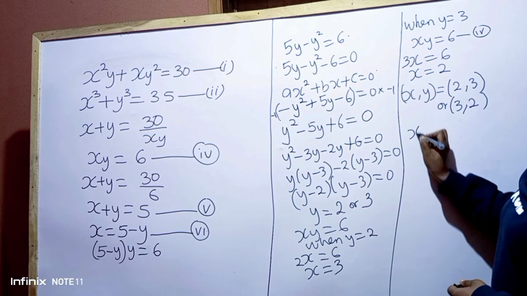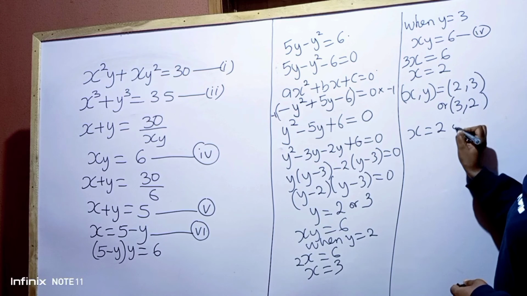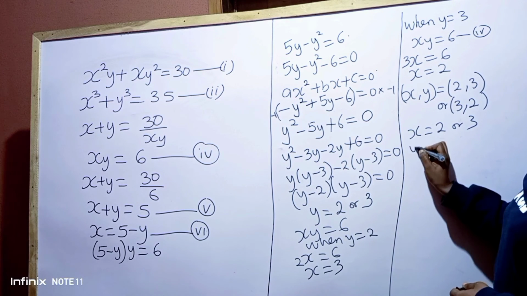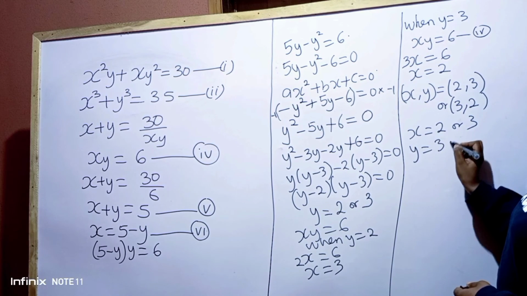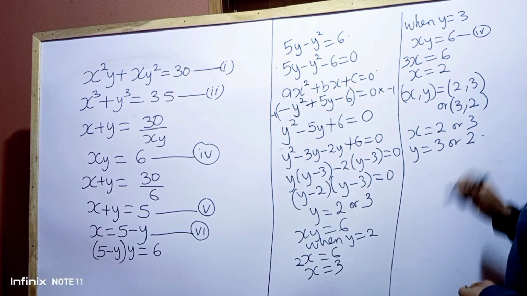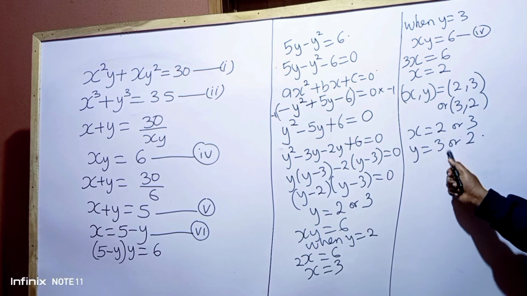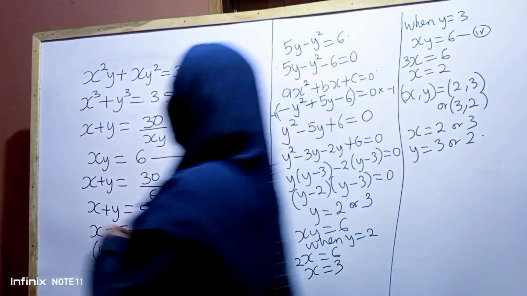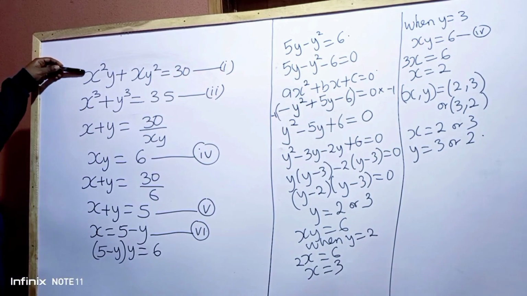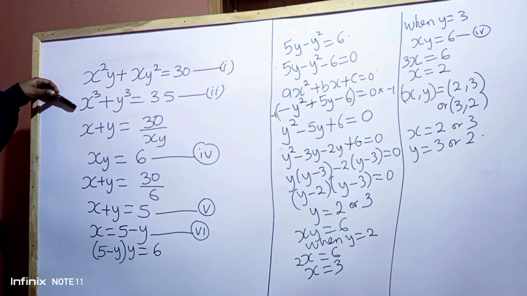So x is equal to 2 or 3, then y is equal to 3 or 2. If you want to check whether we are correct or not, you can substitute the values of x and y inside equation 1 and equation 2.